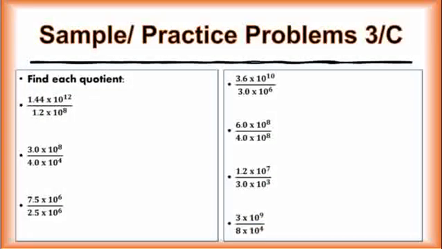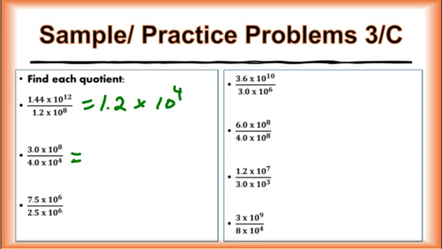Let's look at some division. So we divide our two decimals, so 1.44 divided by 1.2 gives us 1.2 times 10. This time we subtract the exponents, so 12 minus 8 is 4.